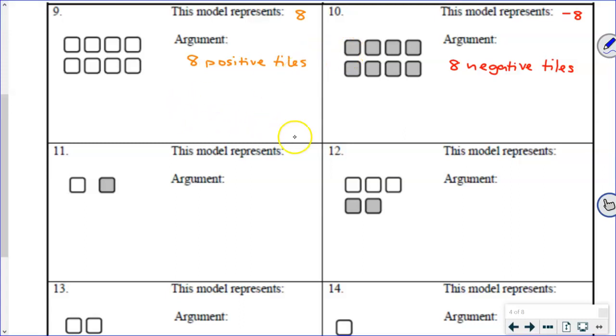Yeah, this one is 0. Why is it 0? Because we have a positive and a negative, thus making a zero pair. Exactly. So your argument can be as short or as long as you feel it needs to be. You can simply say a positive and a negative make 0, or they cancel each other out.